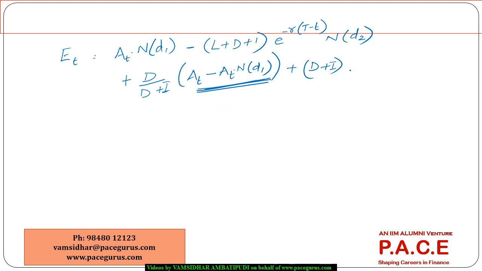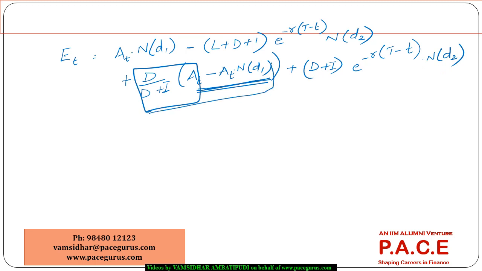So D by D plus I times e to the power of minus r(T minus t) times N(d2). Right, this is the position in the asset and this is the position as a short call in the asset. So I am taking both of them together.